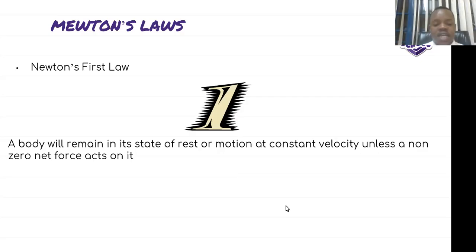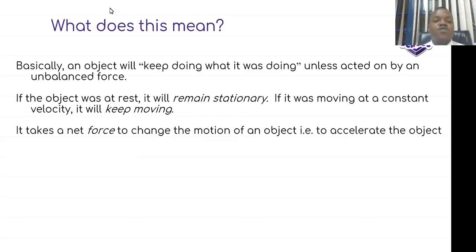I will read it again for you there. It says, a body will remain in its state of rest or motion at a constant velocity unless a non-zero net force acts on it. Right, so that is Newton's first law of motion. So we engage further. What does this mean?